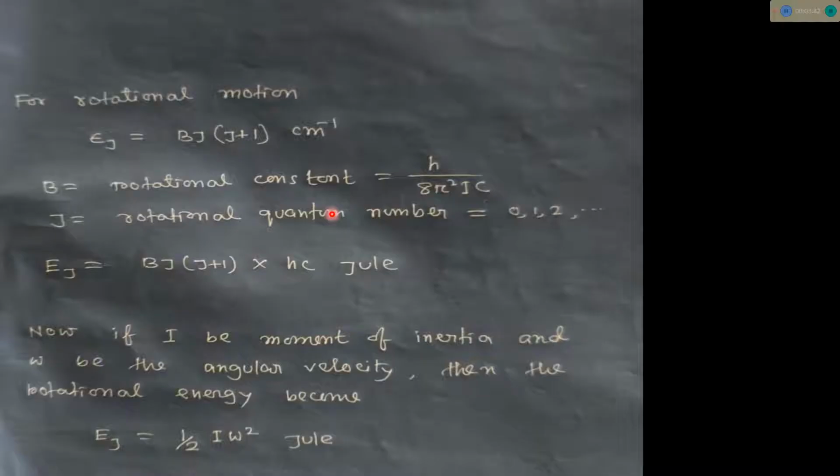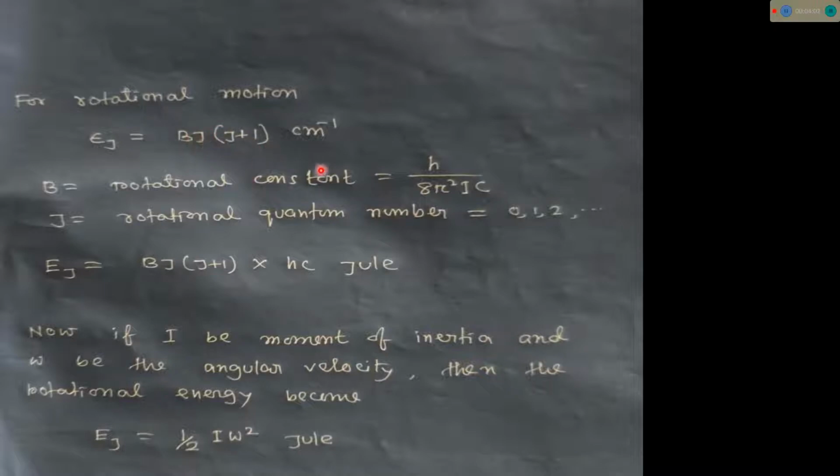Let's see the answer. From quantum mechanical calculations, the energy expression for rotational motion, epsilon J in terms of centimeter inverse, is B J into J plus 1.